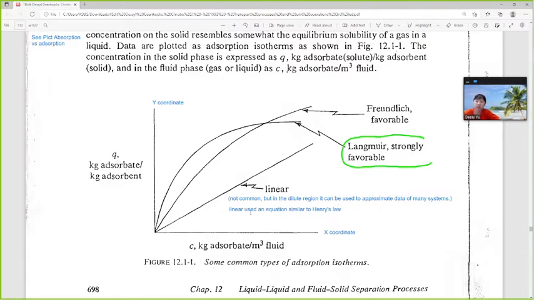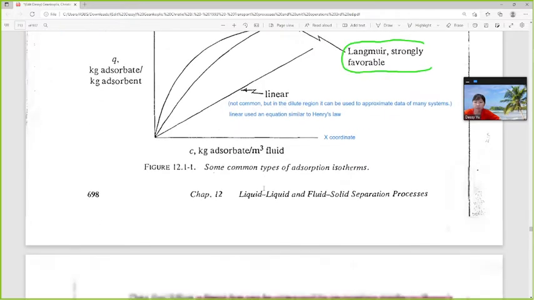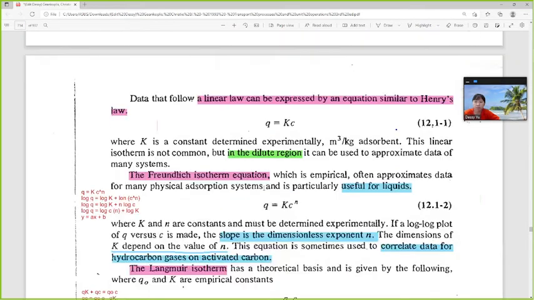Linear uses an equation similar to Henry's law. Here, a linear law, q = Kc. K is a constant determined experimentally. This linear isotherm is not common.